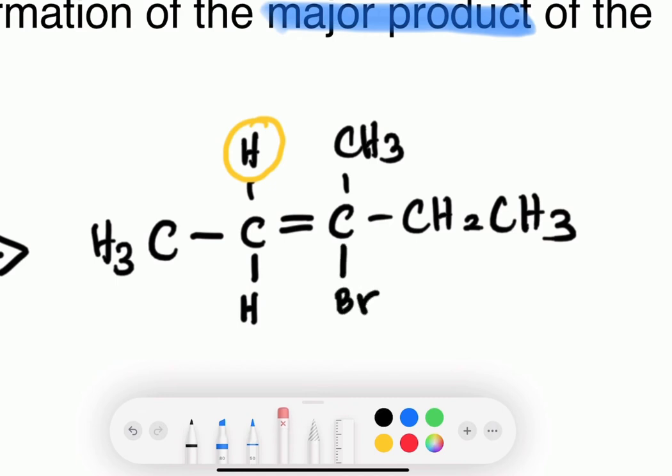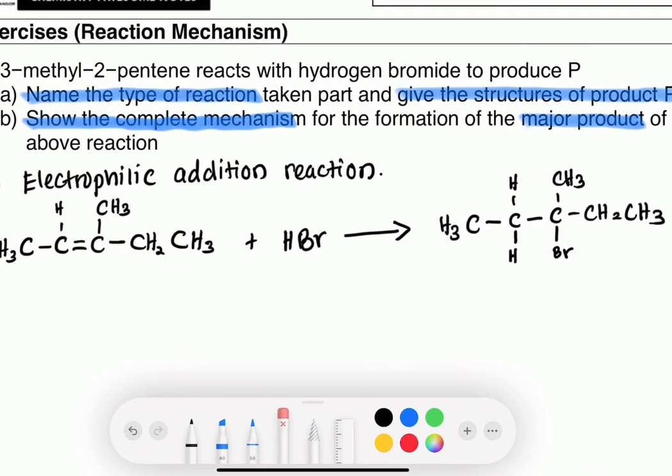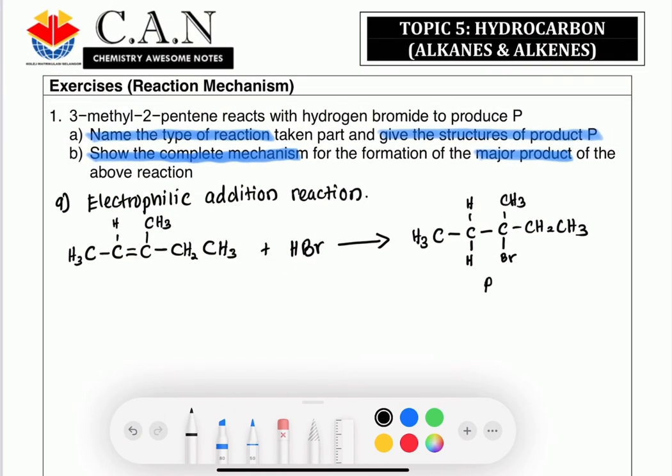But don't forget, once it is added, this bond will become a single bond. So there you go, this is our structure P. So you will get the marks for the first answer and the second answer. Okay, so this is A.